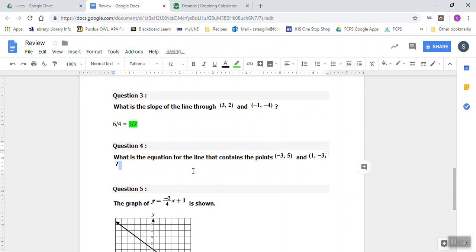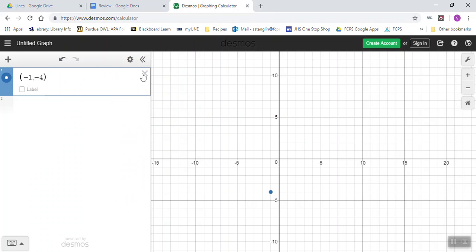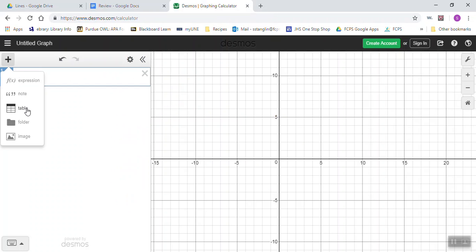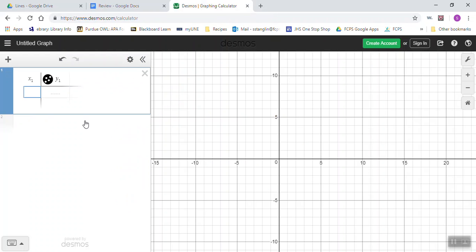Alright, so this is the example I was talking about. It's asking for the equation of the line, which is the whole thing, not just the slope. So I'm going to put this in actually as a table. The table is the only way I can find the equation of a line. So I'm going to put this in as -3, 5, and 1, -3.